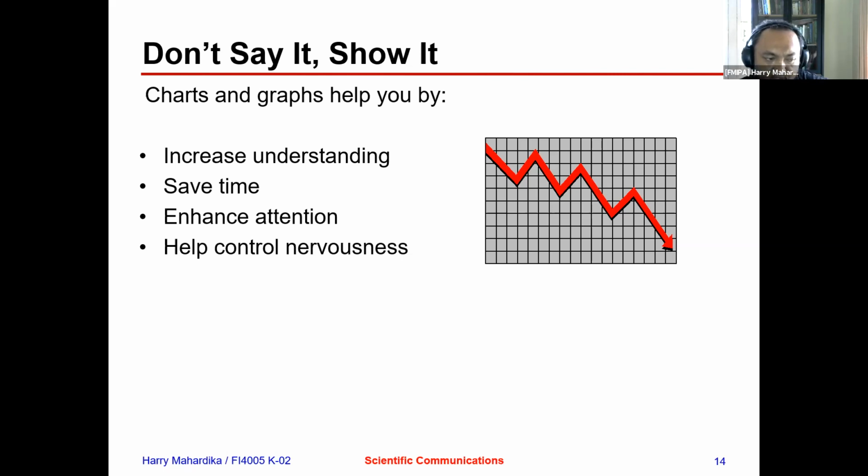Even though you have charts and data, it doesn't mean that the listener or the audience learns by themselves. Okay, you still need to explain to them what the meaning of the chart itself is.